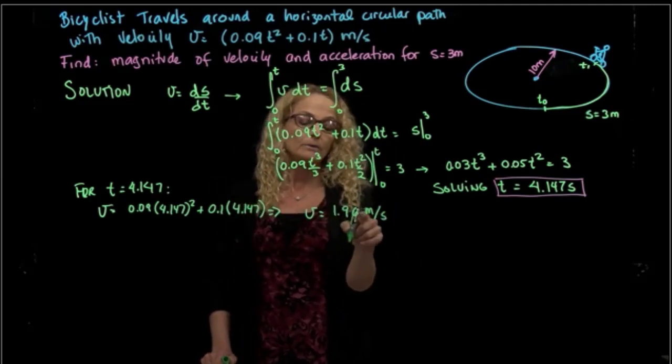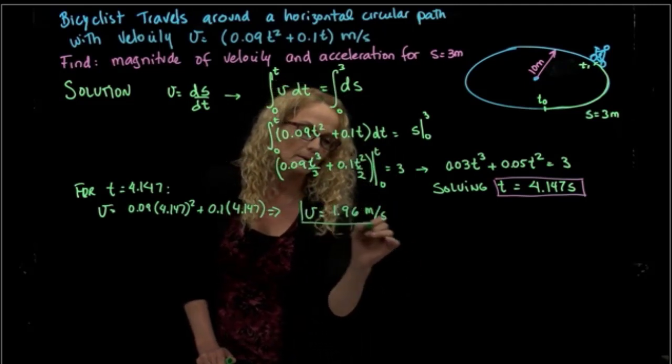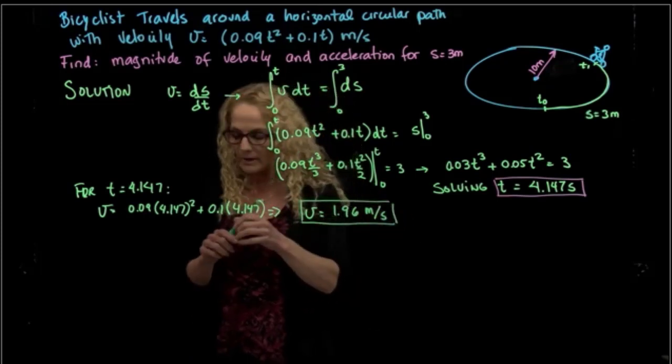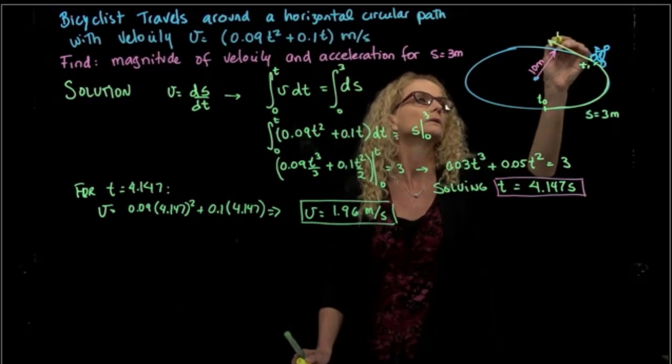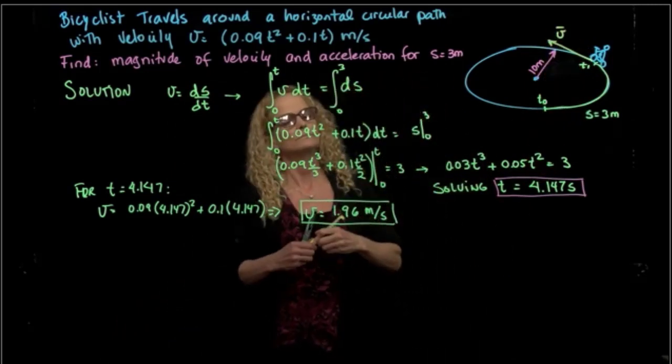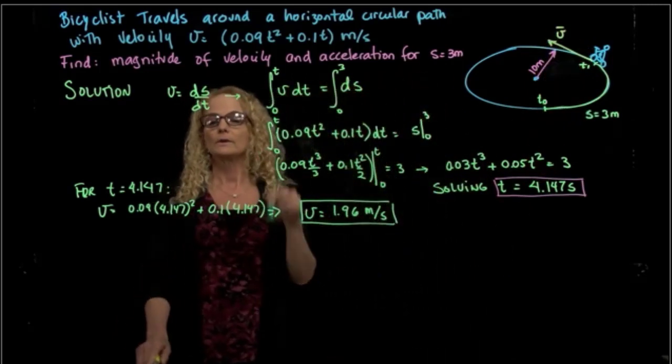This is the magnitude. If we want to put it as a vector, remember that the velocity is always tangent to the trajectory. So that was the velocity.